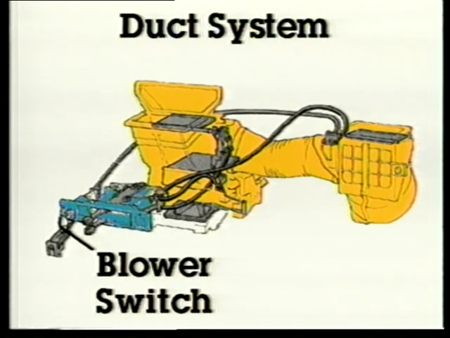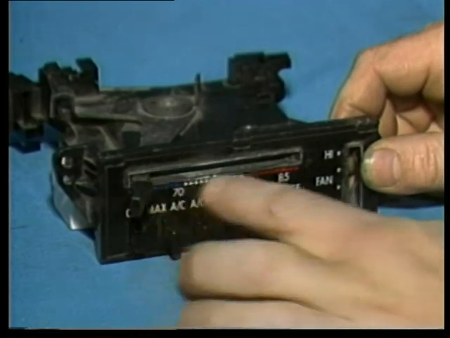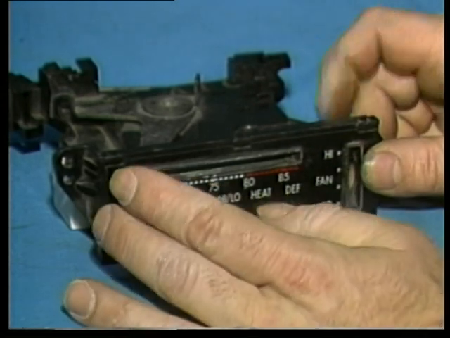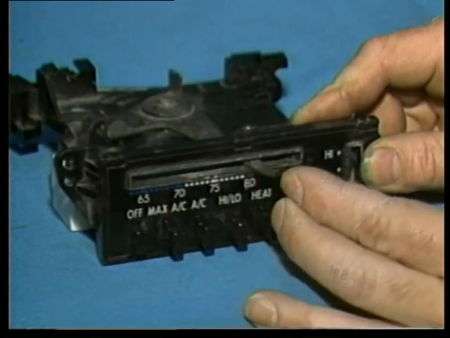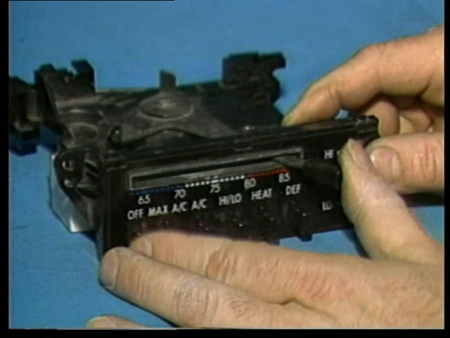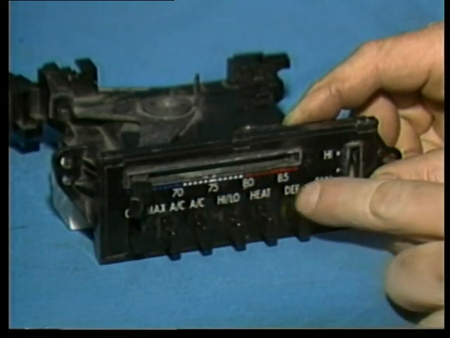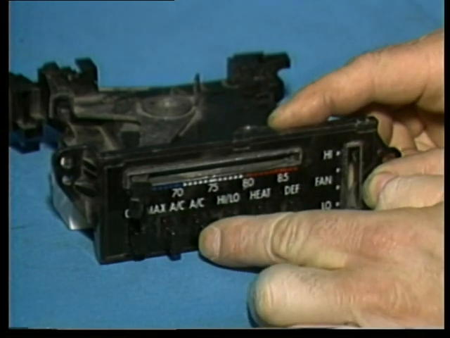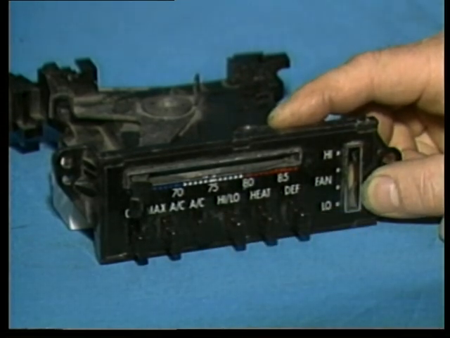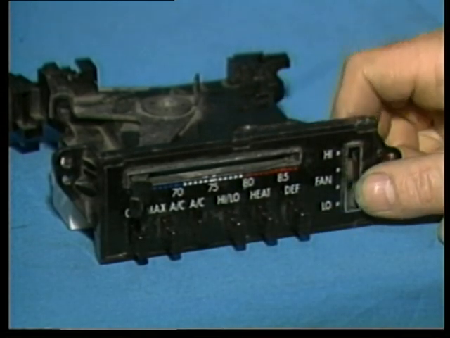The control panel also has a blower switch which electrically energizes the blower to force air through the system. Here's a control panel removed from the dash. This is your temperature selector lever, which operates a cable going to the flap. The buttons select the mode of operation. A switch is provided for the fan.